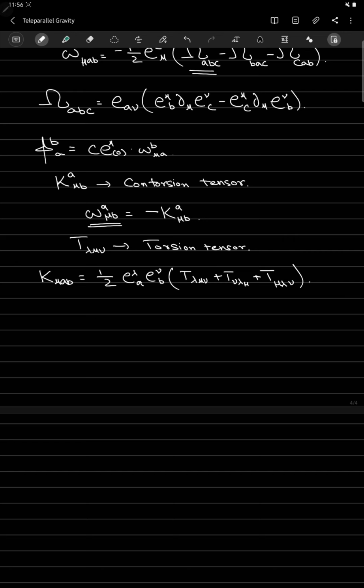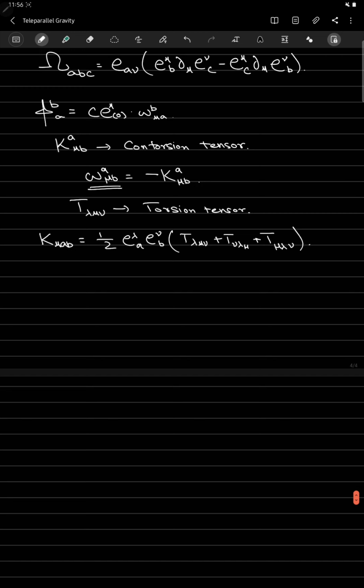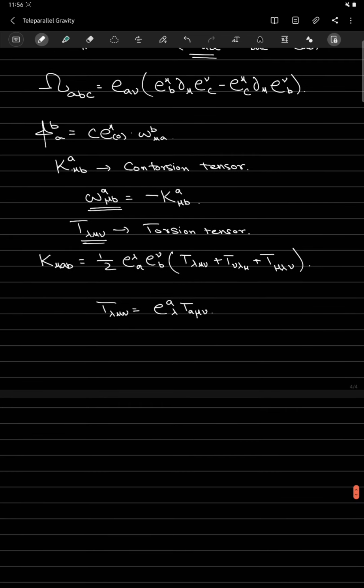Right, now this torsion tensor is such that T lambda mu nu is equal to e a lambda T a mu nu. Right? Okay.